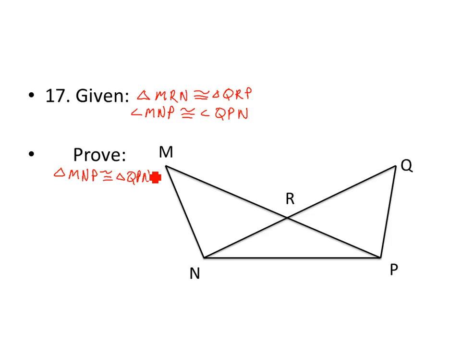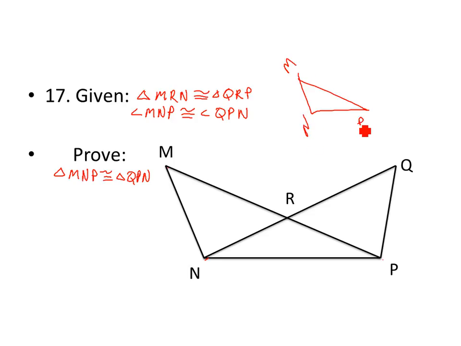Now, if I try to mark this picture up the way it is right now, am I ever going to be able to do that for those 2 triangles? No. And this is where it is extremely important. I'm going to come up here and split off triangle MNP. Doesn't have to look exactly like the first one. This is what you should be doing on your paper.